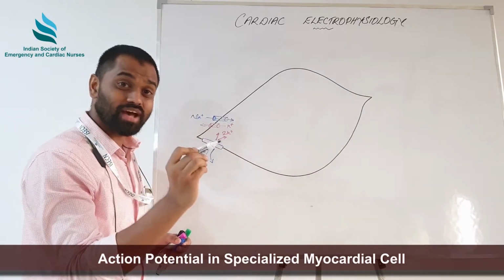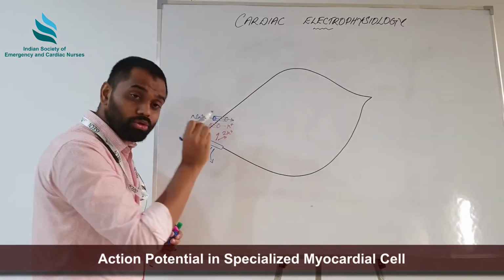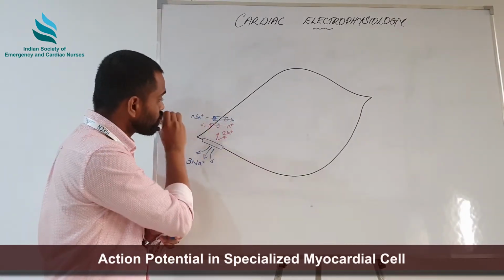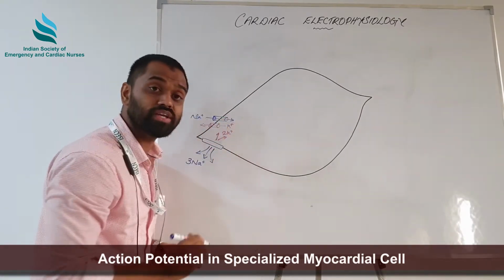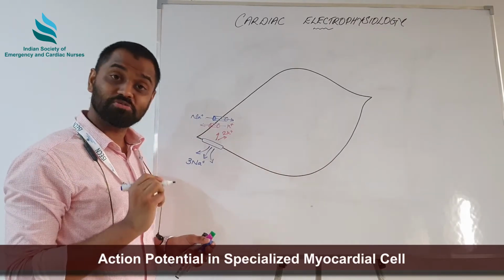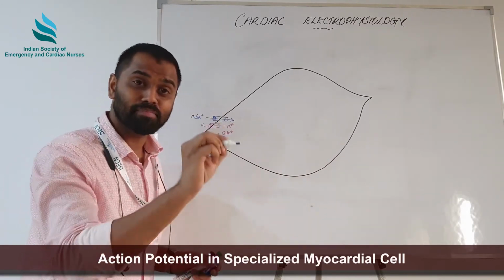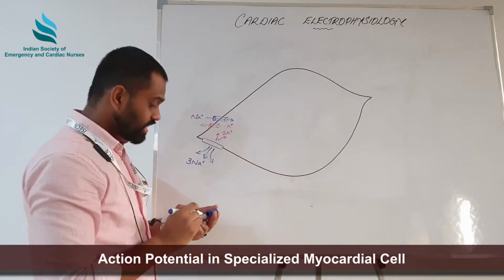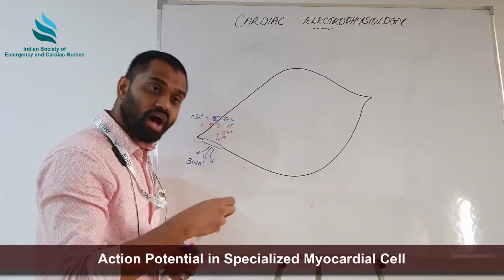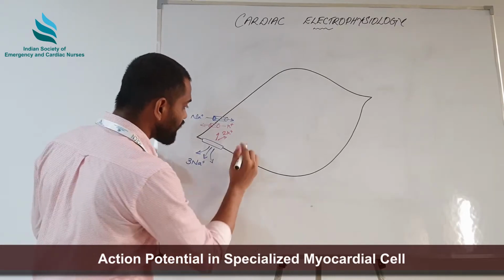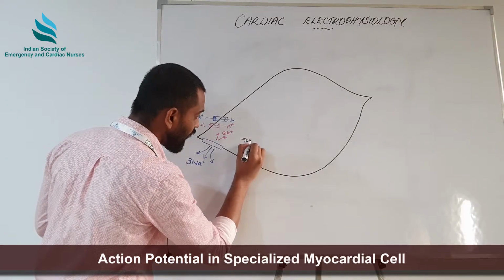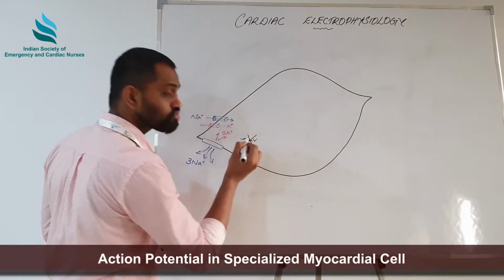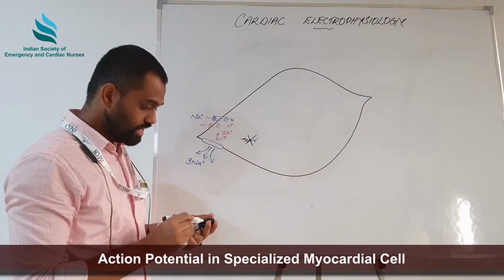But at the same time, the cell is also gaining some cations through the free leaky sodium channels, which means the resting membrane potential of this SA nodal cell cannot go down to minus 90 millivolt as seen in the contractile myocardium.